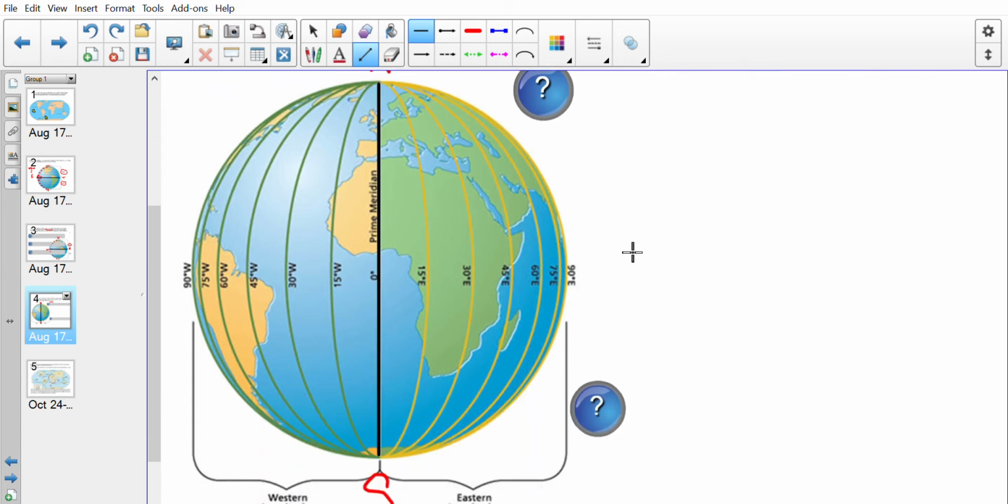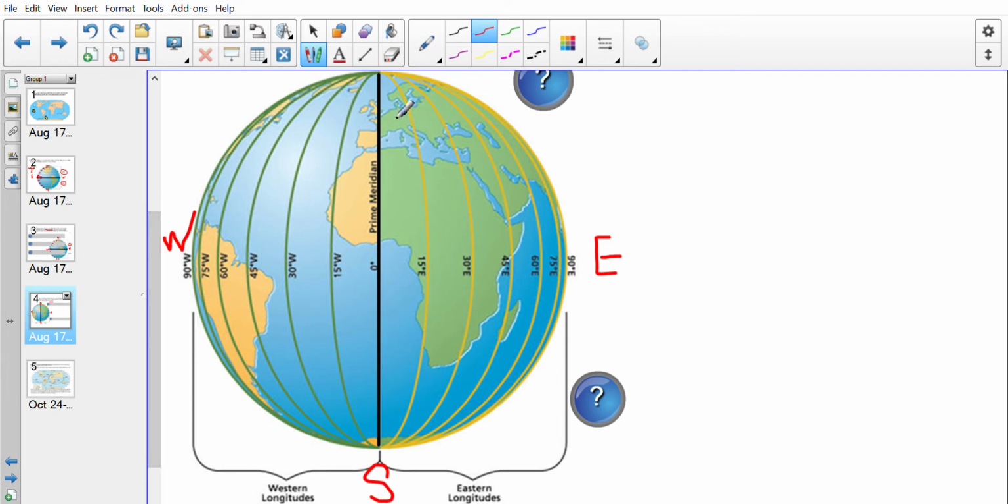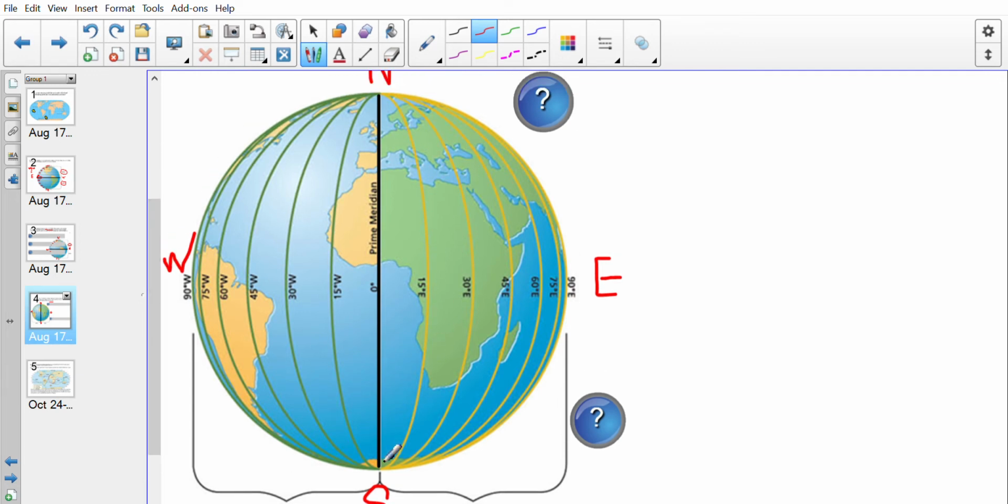And again, since we're measuring north and south, our hemispheres are the eastern hemisphere and the western hemisphere. So these measurements are lines that run north and south, but the measurements are either east or west, depending on which side of the Prime Meridian you're on.